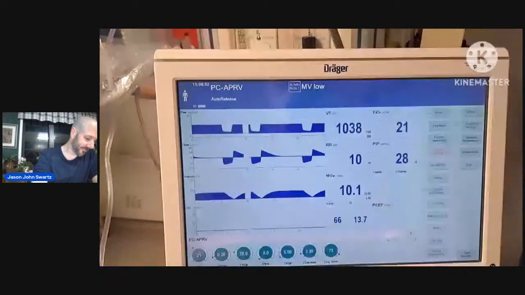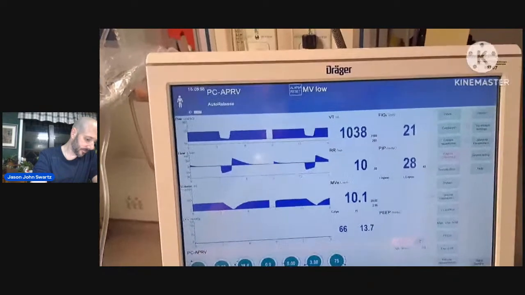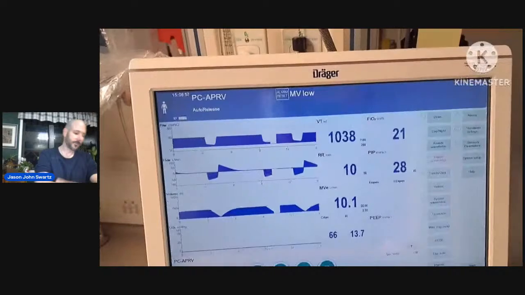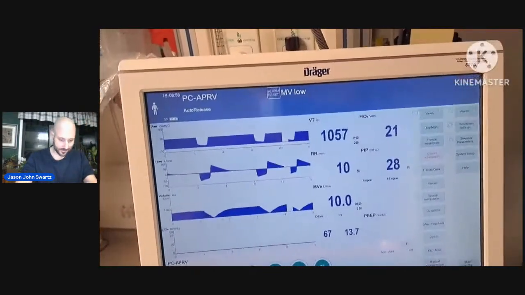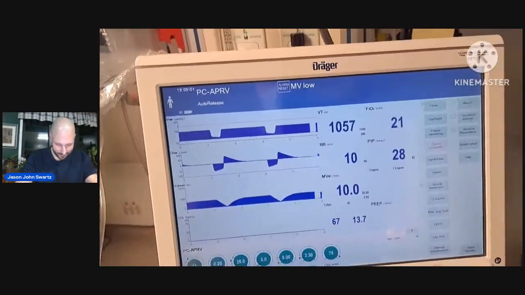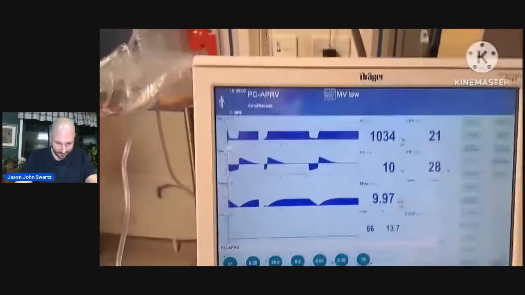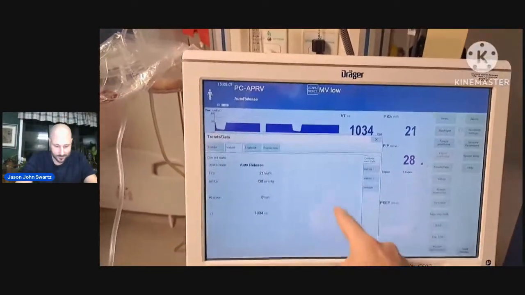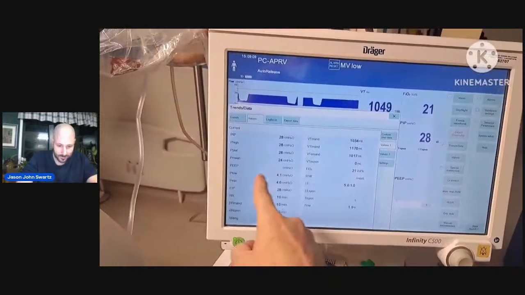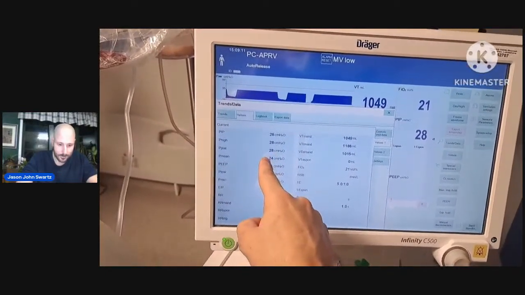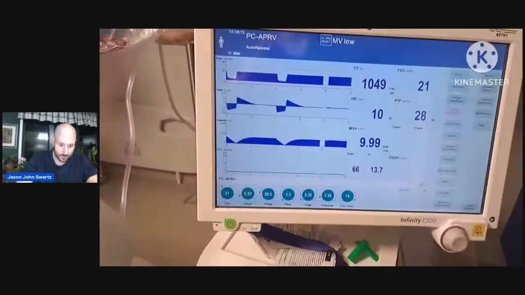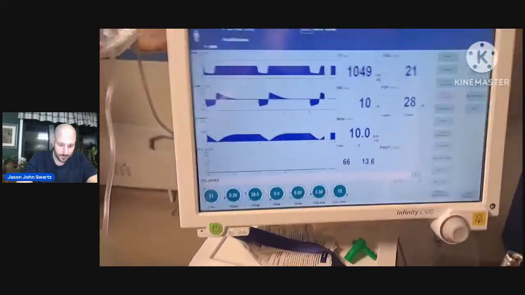So we'll end up with the same PIP and the P high will be set exactly the same. But we'll be spending a lot more time at the P high level, which will increase the mean pressure. The mean pressure initially was over here. It was 16. Now it's 24. We'll see once we get down to 25. I think it was 22.